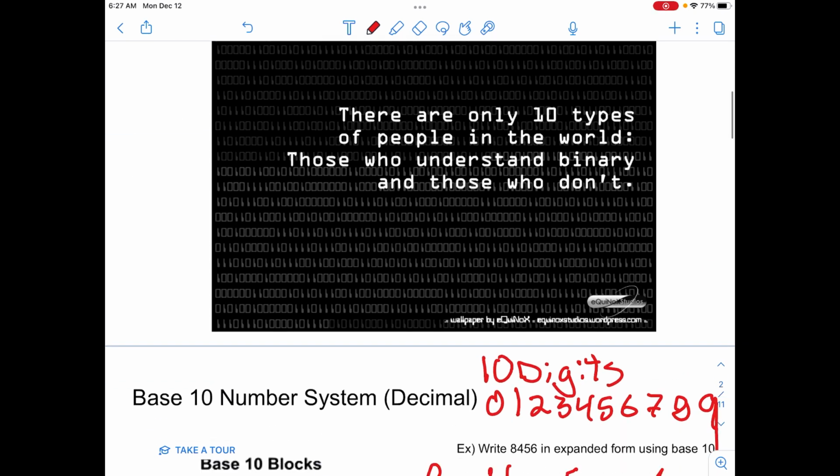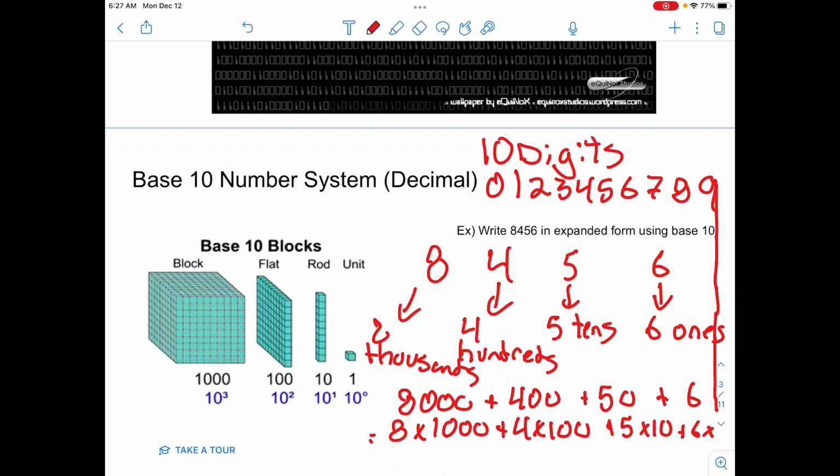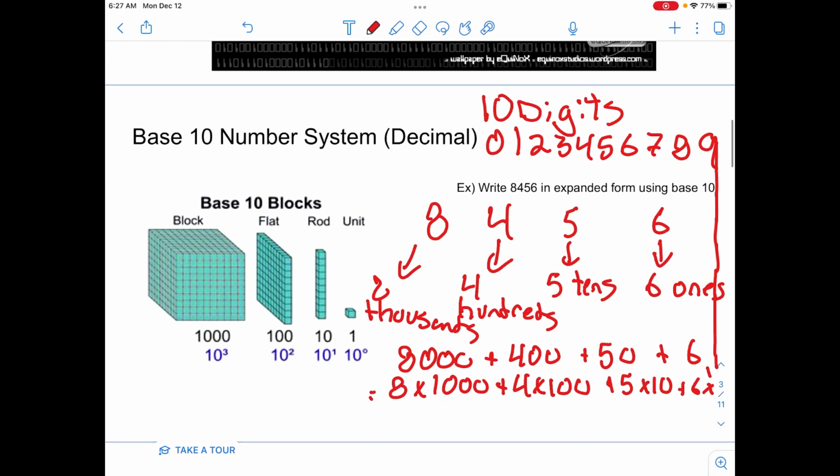Right, and we just saw that 1,000 is 10 to the exponent 3. 4 times 100 is 4 times 10 squared, plus 5 times 10 to the exponent 1, plus 6 times 10 to the exponent 0. So we've written this in expanded form with base 10. So 8,456 is 8,000 plus 400 plus 50 plus 6, which is 8 times 1,000 plus 4 times 100 plus 5 times 10 plus 6 times 1.